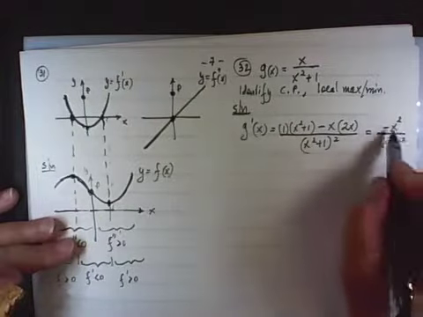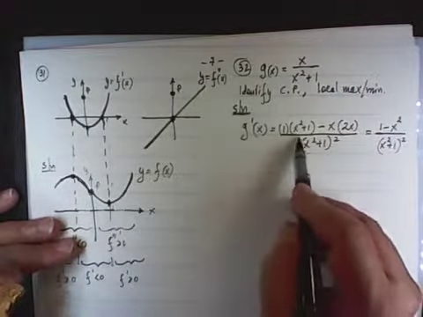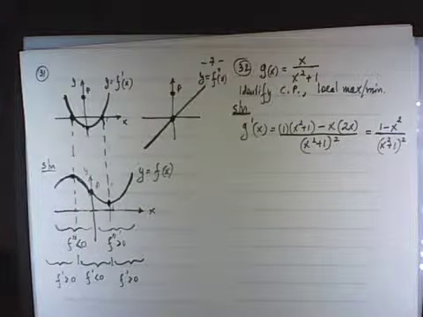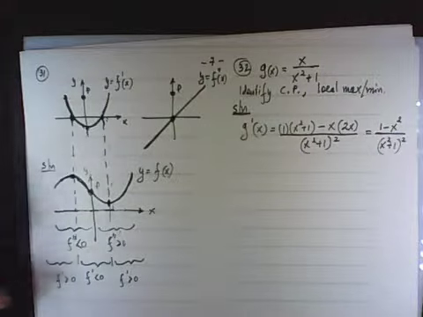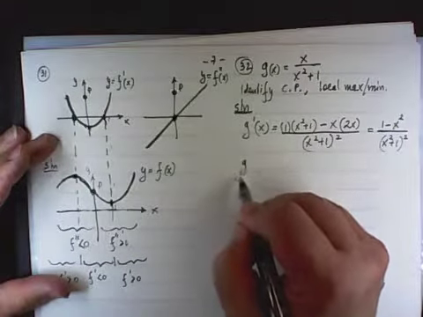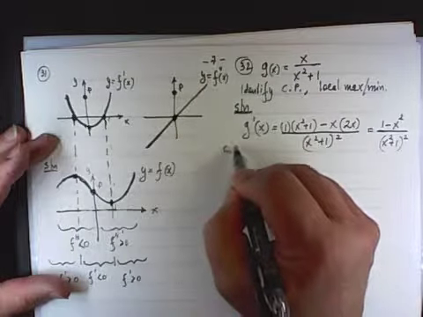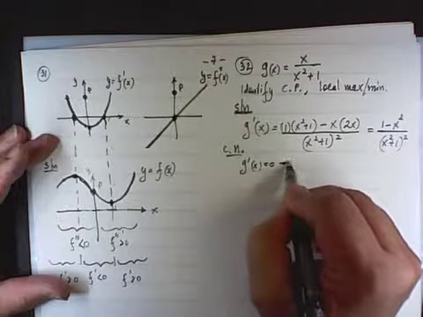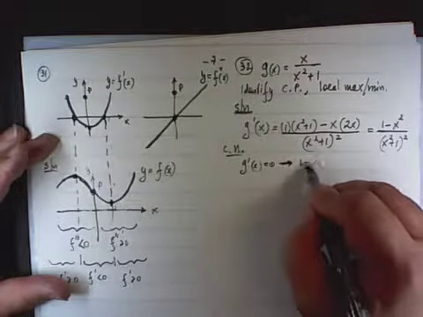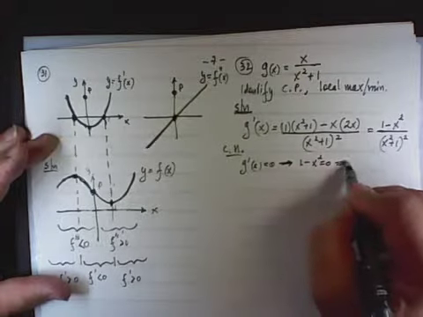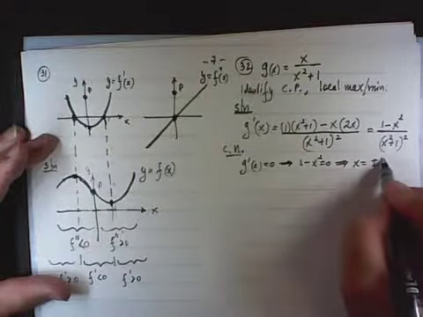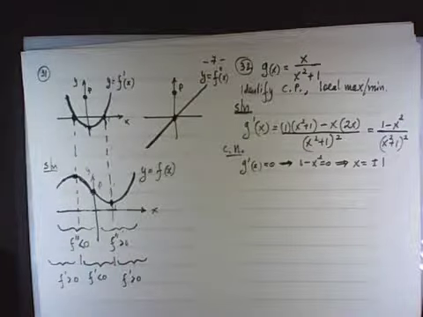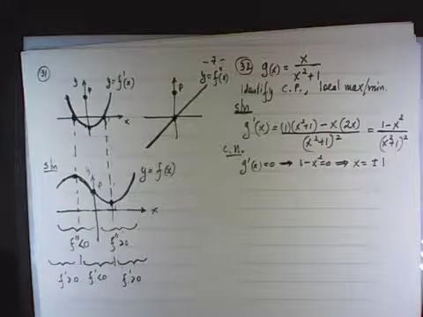We have 1 minus x squared. We find the critical numbers, and now we need to decide what is max, what is min.